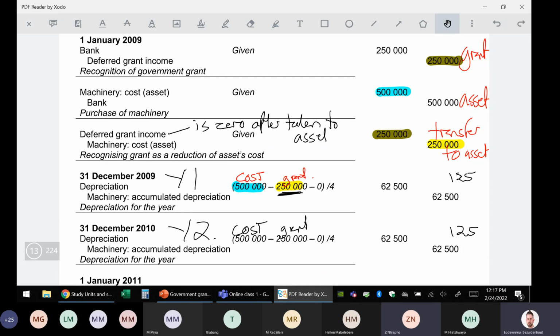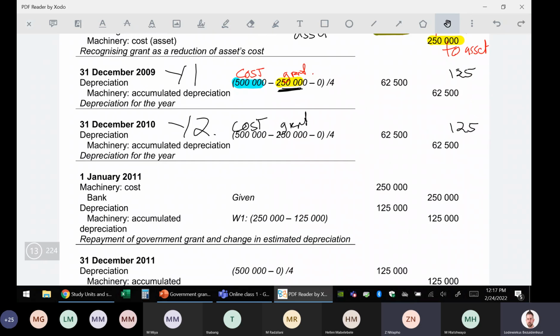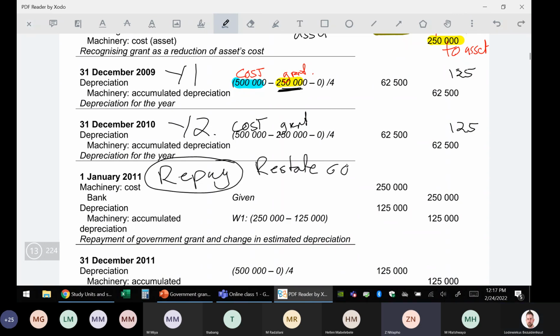All right, now what happens? Now we have to repay the grant. And now we have to restate the cost, and we have to restate accumulated depreciation, because both of those were amended when we reduced the cost of the asset.